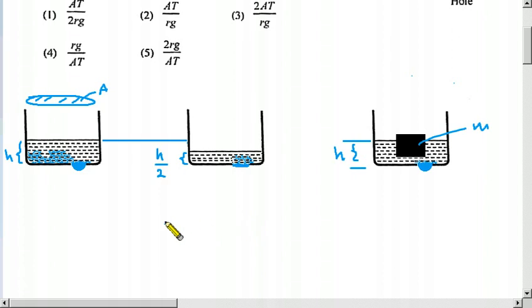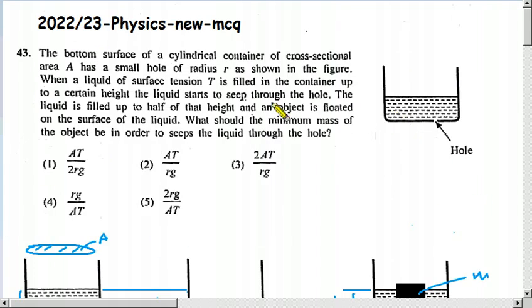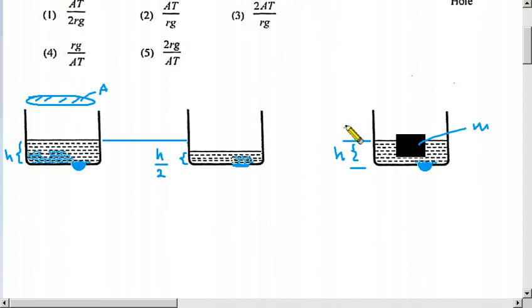So children, I have drawn some diagrams to illustrate this story. At first, water is seeping, and the cross-sectional area is capital A. Suppose the height of the water column is small h, and then they reduce the height of the water column down to h divided by 2, so water is not seeping. Finally, a cube or an object is placed on the water surface so that it floats.